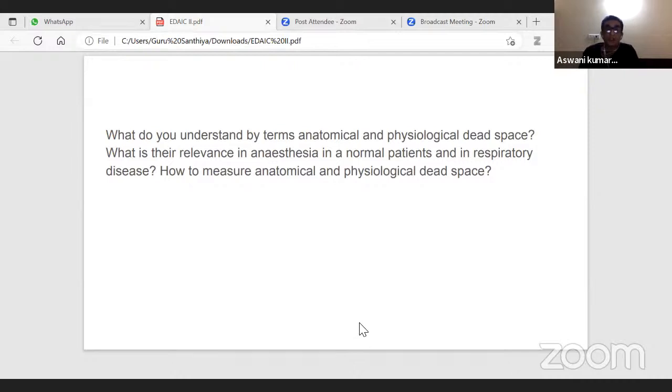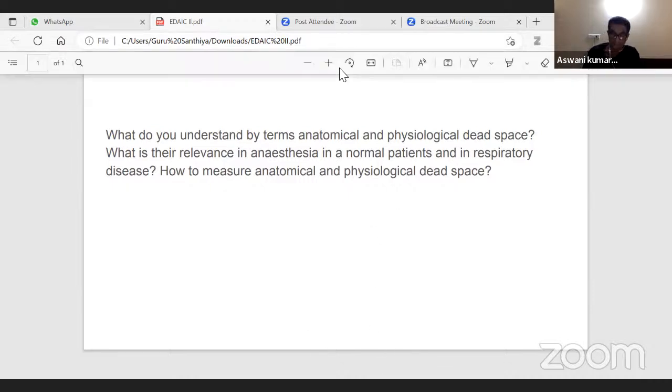So the question is, what do you understand by the terms anatomical and physiological dead space? And what is the relevance in anesthesia in a normal patient and in respiratory disease? And how can you measure the anatomical and the physiological dead space?